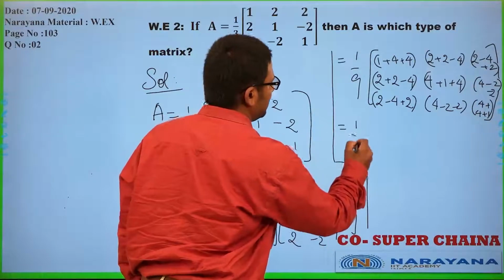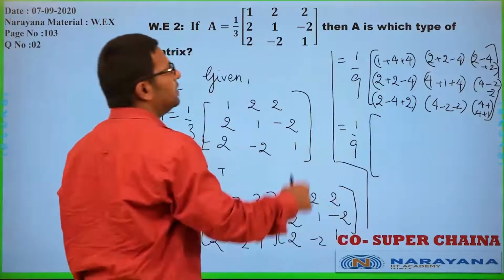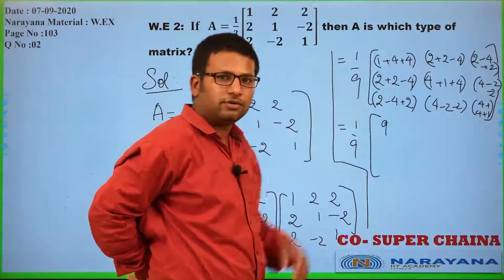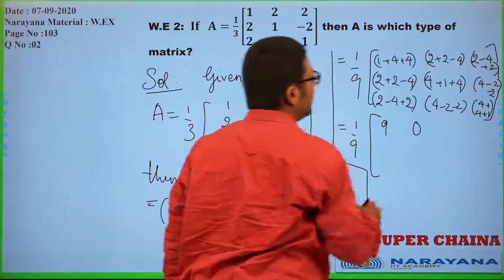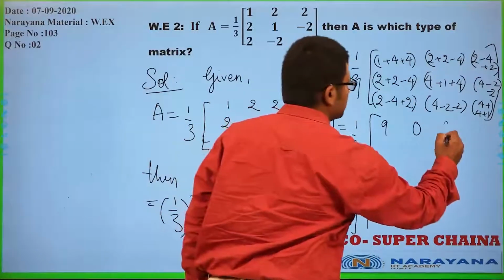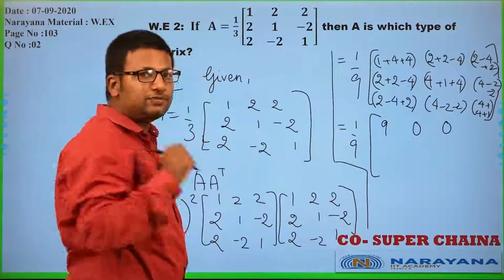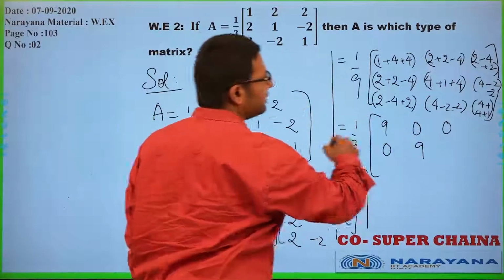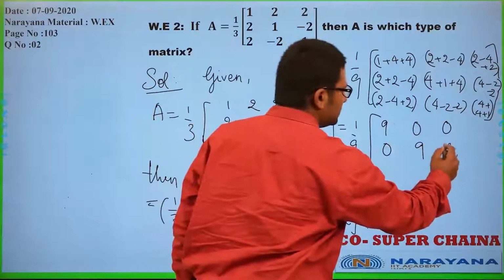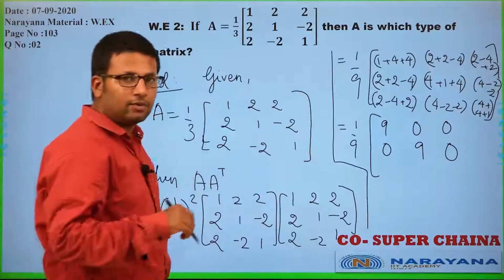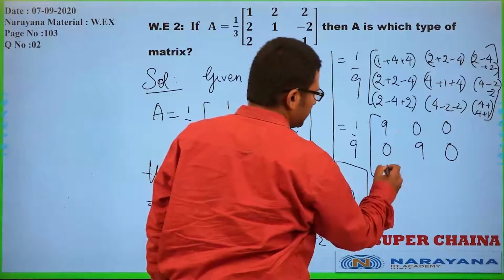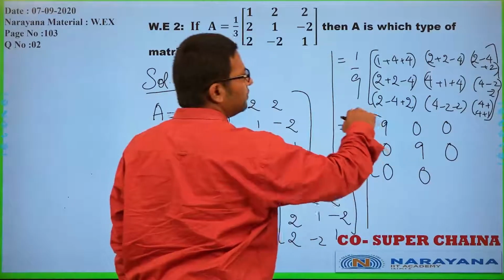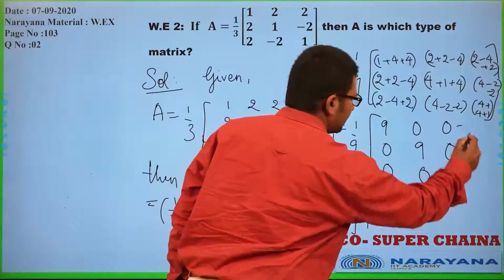So what would this be? 1 by 9 into 1 plus 4 is 9, then 2 plus 2 minus 4 is 0, then 2 minus 4 plus 2 is 0, 2 plus 2 minus 4, 0, 4 plus 1 plus 4, 9, 4 minus 2 minus 2, 0. Can you see the pattern now? 2 minus 4 plus 2, 0, 4 minus 2 minus 2, 0, 4 plus 4 plus 1 is again 9.